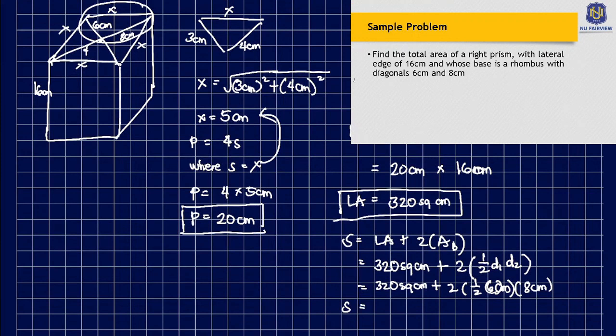Ang surface area nyo or total area would be equivalent to 368 square centimeter. At yan po ang inyong magiging final answer. Okay, so I hope this one is clear. Otherwise, please review yung formula natin for finding the area of a rhombus.